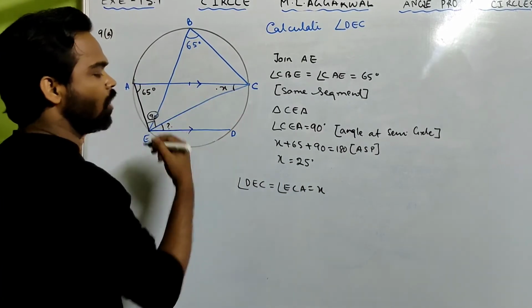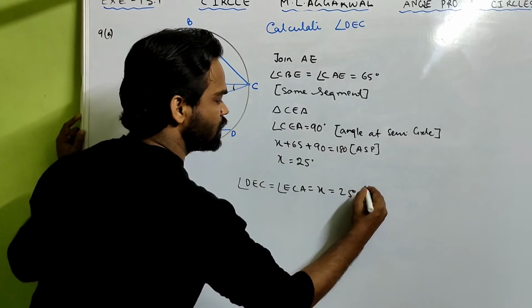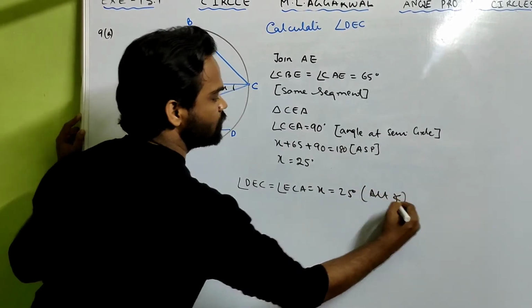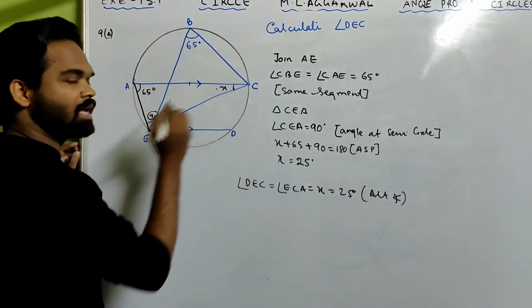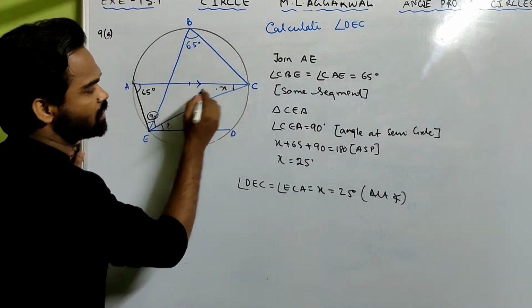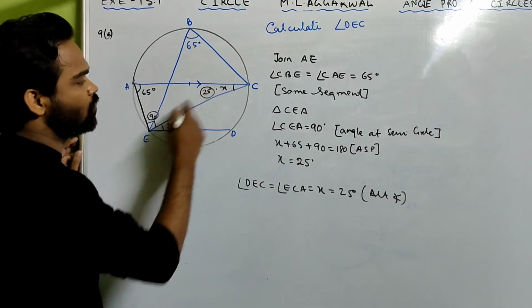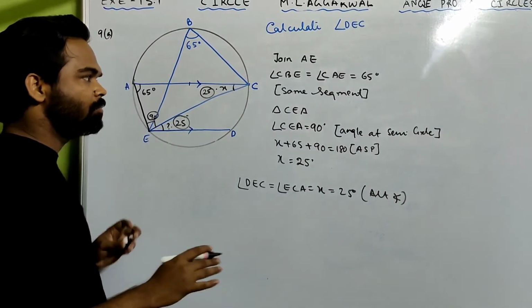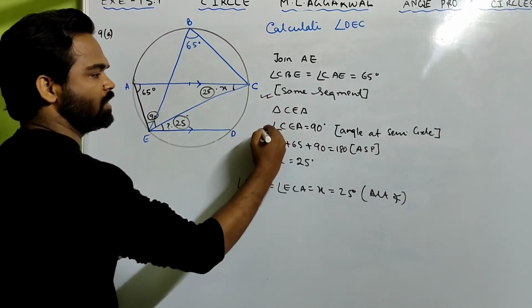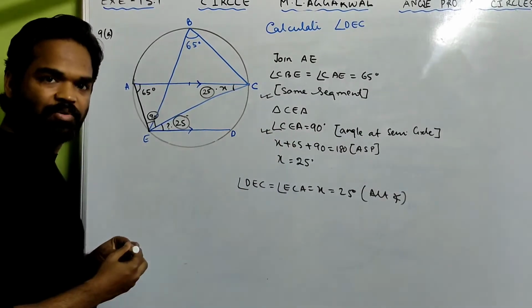Alternate angle, which is equal to 25 degree. This angle and this angle are same. Alternate. So if this is 25 degree, this has to be 25. Alternate angle. Done. Pretty simple. We use same segment and angle at semicircle property.